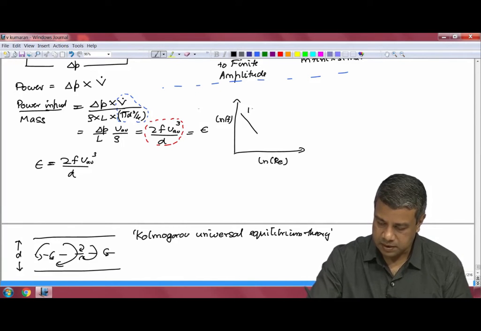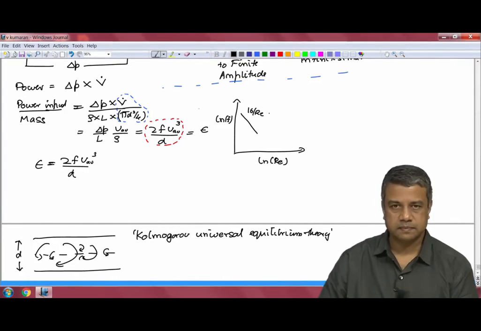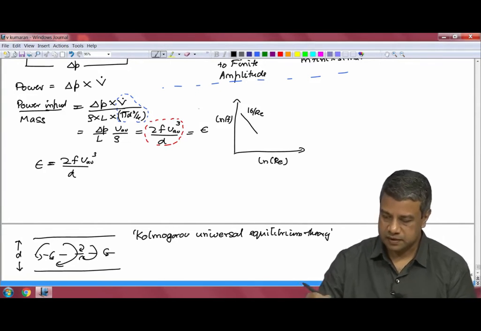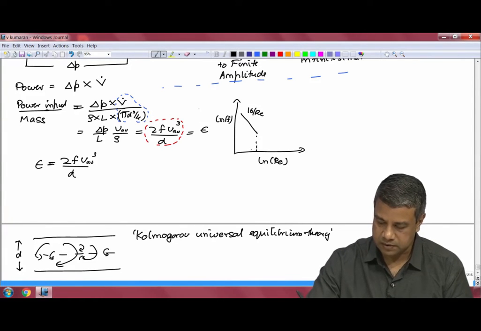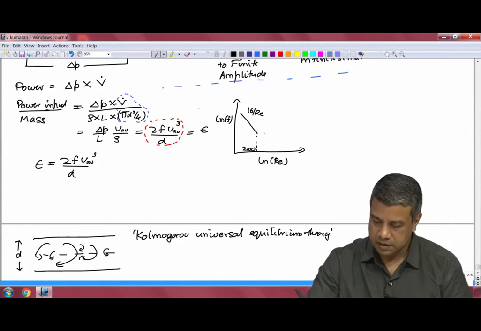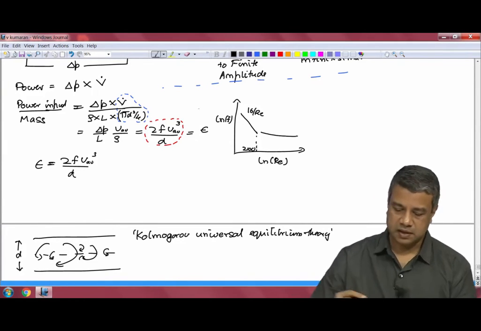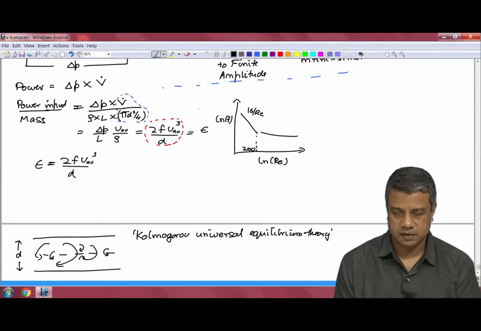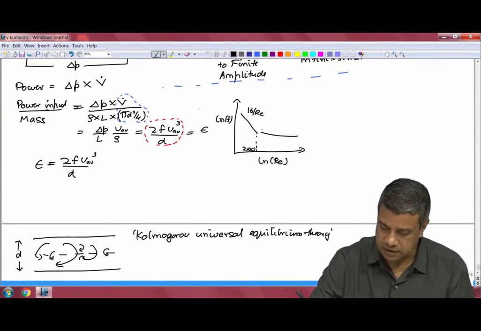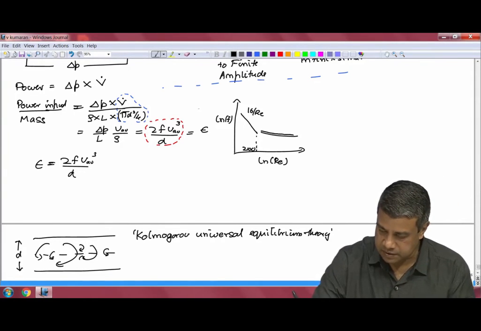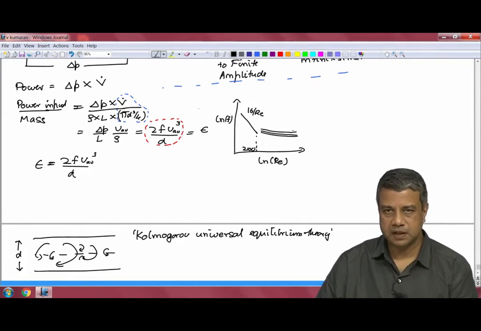This is 16 by Re. It goes as inverse of Reynolds number up to the transition Reynolds number of about 2100, beyond which there is a much more gradual decrease in the friction factor. And the friction factor also depends upon the roughness. You get different curves depending upon the roughness. This we had seen earlier.